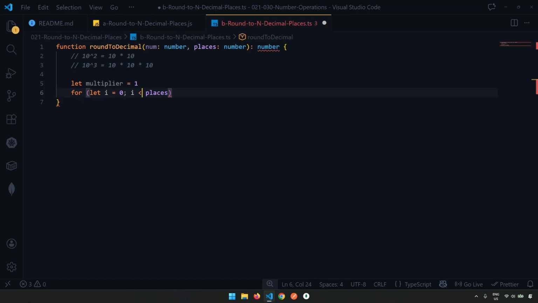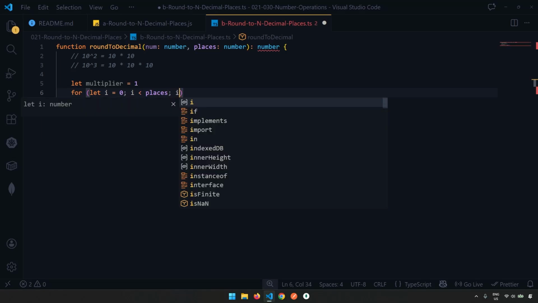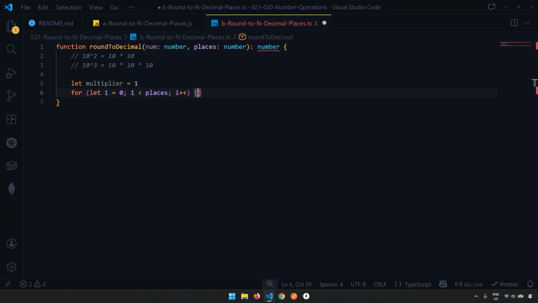Now you could say i less than or equal to places, but then here you need to start i at 1. But this looks very weird, and that's not the convention. The convention is just like this: i starts from 0. It comes from arrays, if you're asking that, because for loops mainly work with arrays, and arrays have an index that starts at 0.